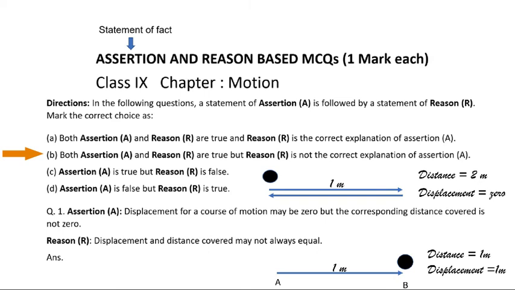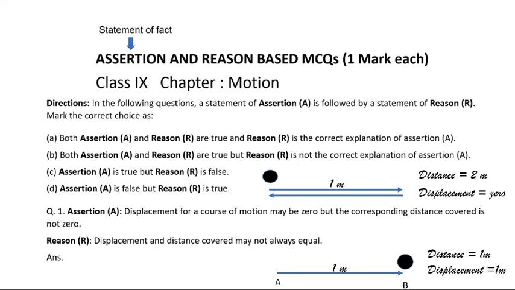Now we'll see what would be the correct explanation for assertion A. What does assertion A speak? Displacement for a course of motion may be zero, but the corresponding distance covered is not zero. Why? Because only in case of the body coming back to the initial position will it be zero, otherwise it cannot be zero. That should have been the reason here.